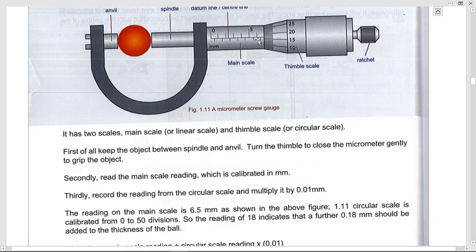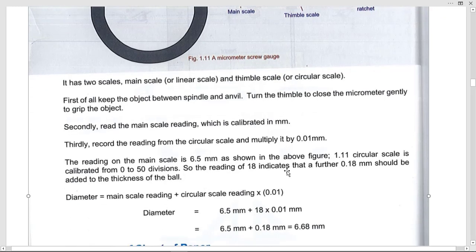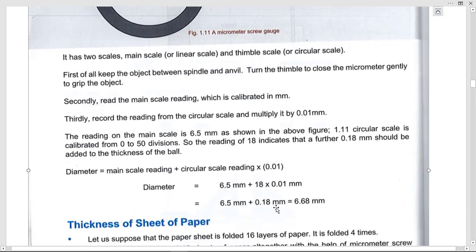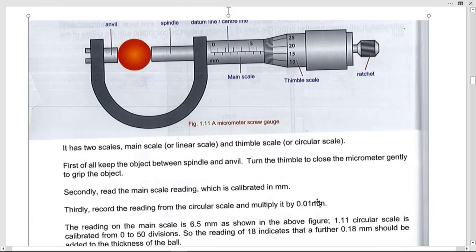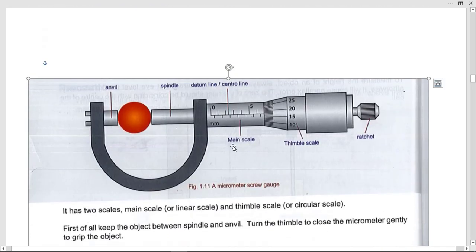So here this is 6.5, but there is some distance even after 6.5 that we are going to find from this side, meaning which line exactly coincides with this line. For example, here line number 18, divide 18 by 100, you will get 0.18, add to this one. So this is the method how you are going to read the reading from a micrometer screw gauge.